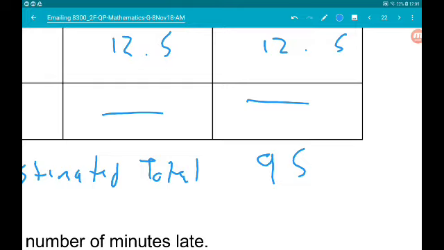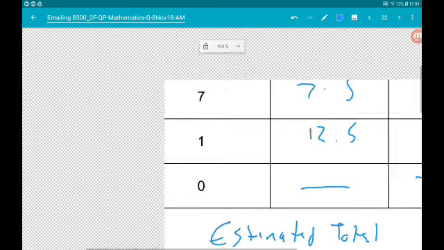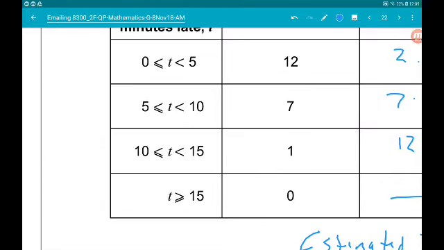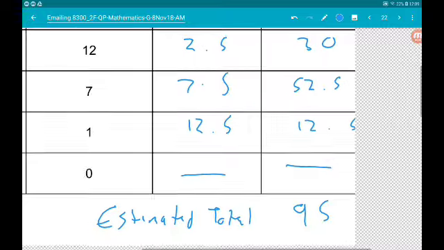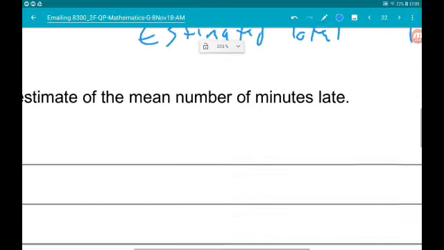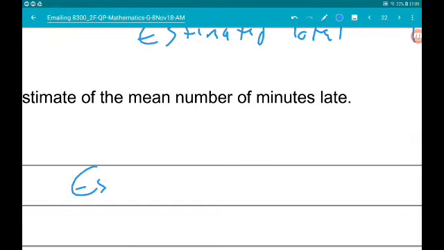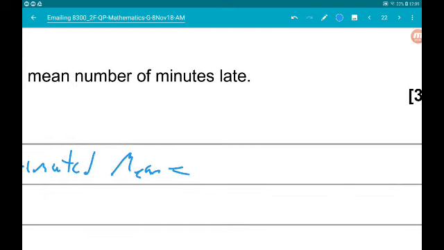The reason it's only an estimate is because our times are in intervals. We don't know the exact times. So it's only an estimate. So the estimated mean is the estimated total, 95, over the total number of trains, which is 20.